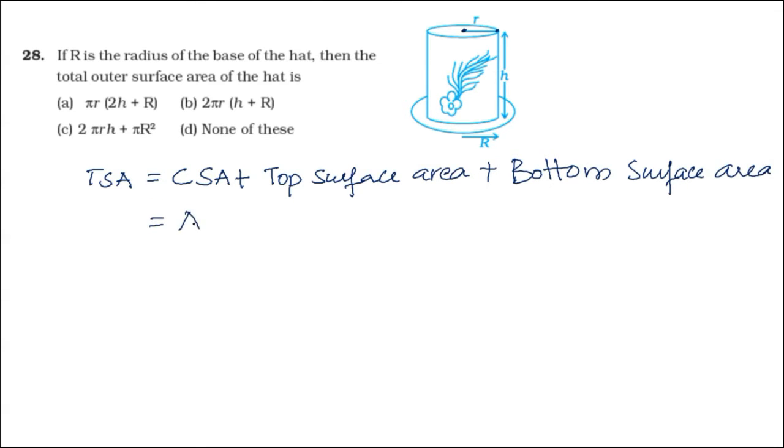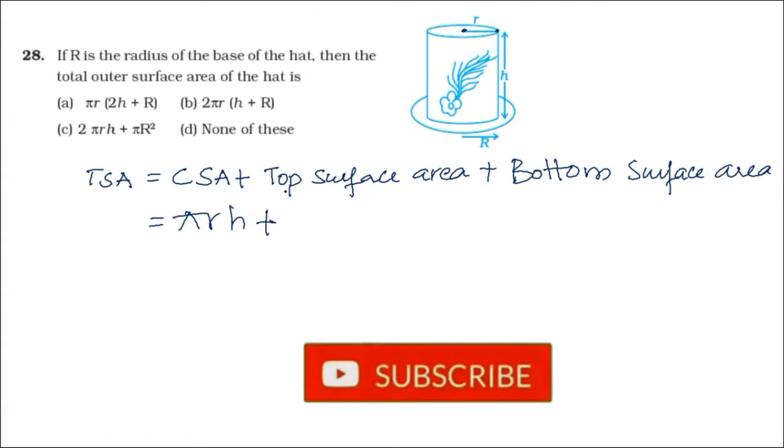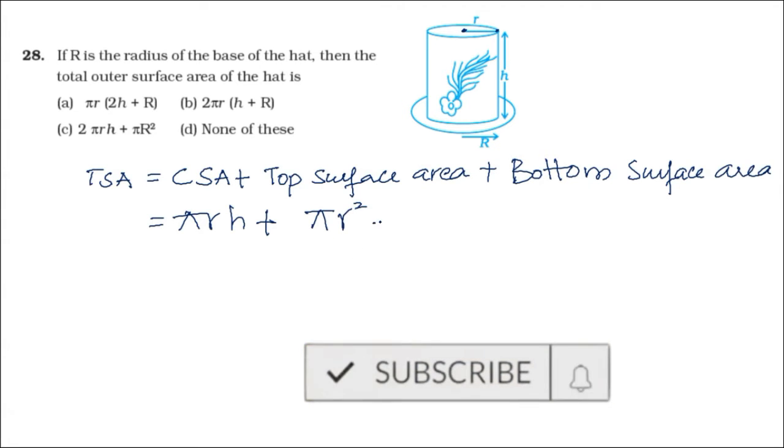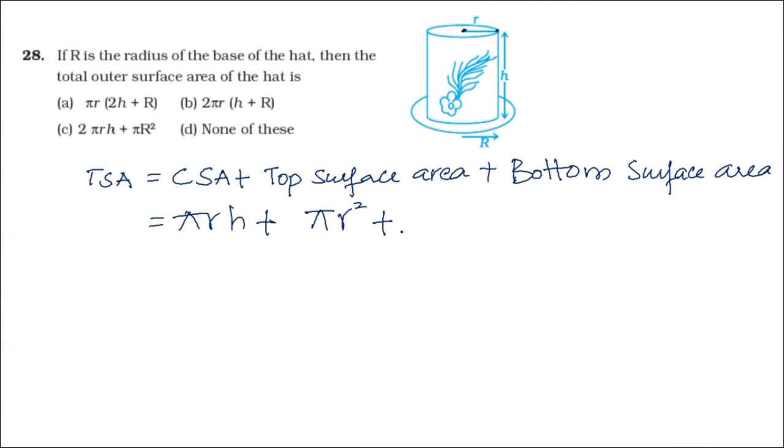Curved surface area is given by pi r h since it is having small r as the radius and h being the height. For the top surface, it's pi r squared, circular. For the bottom also it is pi times of R square minus r square, because it's like a ring.